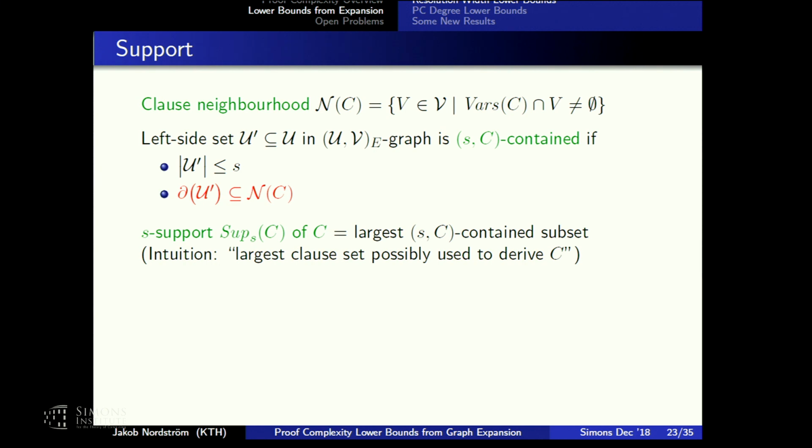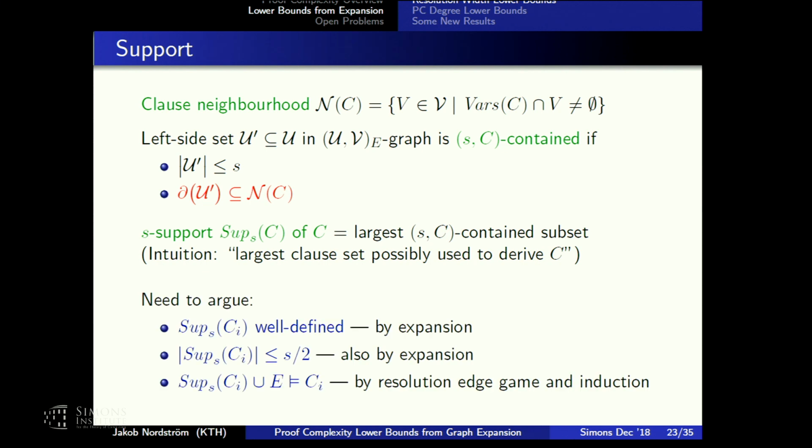Then the support is going to be all of the vertices in here such that the unique neighbors of this set land inside the neighborhood of this clause. So I'm going to define the support of a clause as the largest set that is of size at most s, and such that the unique neighbors are all contained in the vertices of variables that the clause also mentions.